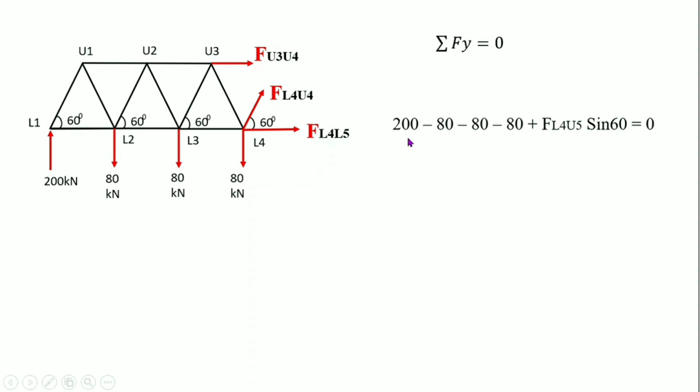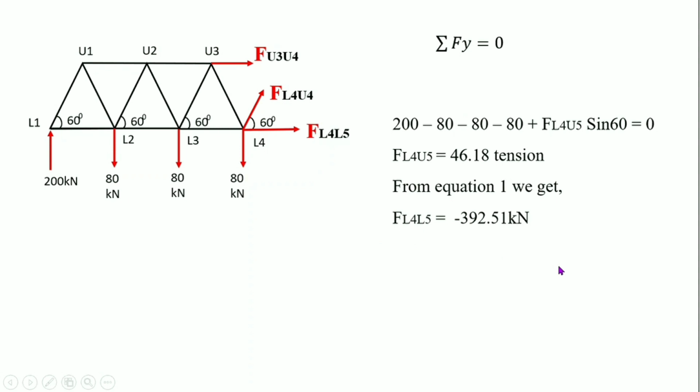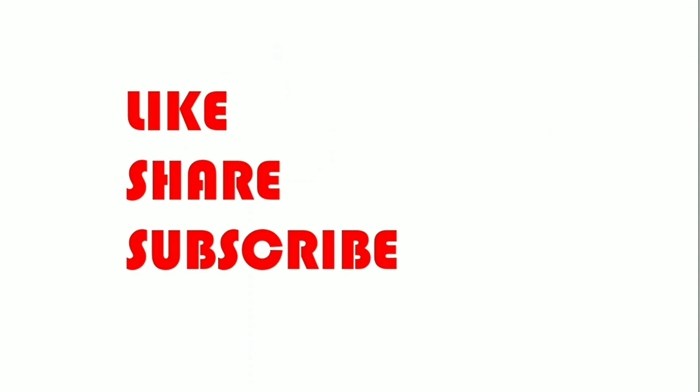That is 200 minus 80 minus 80 minus 80 plus FL4U5 sin 60 is equal to 0, taking upward direction as positive and downward direction as negative. FL4U5 is equal to 46.18. The positive sign indicates it is a tension member. From equation 1, we get FL4L5 is equal to minus 392.51 kilonewton.